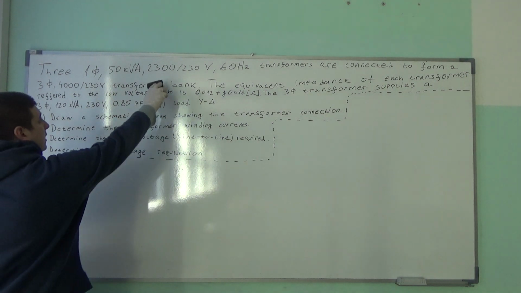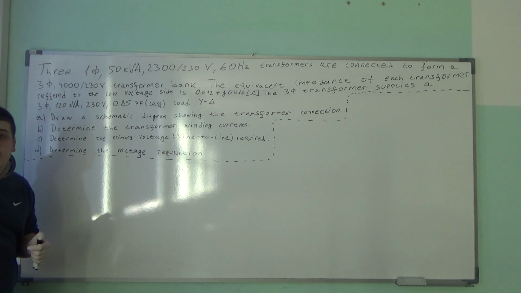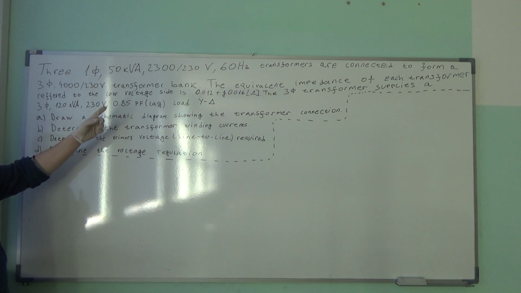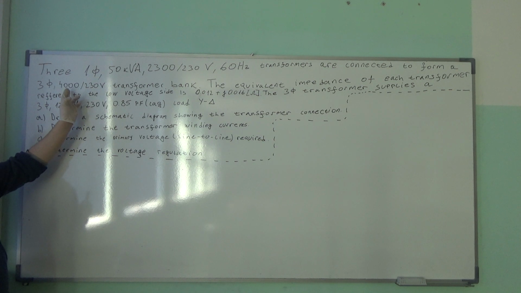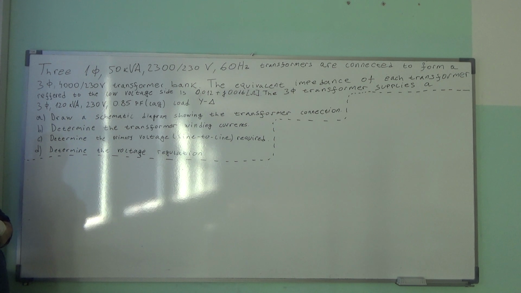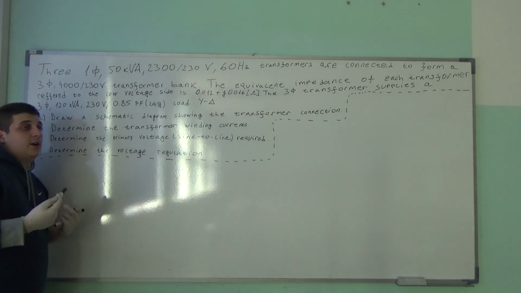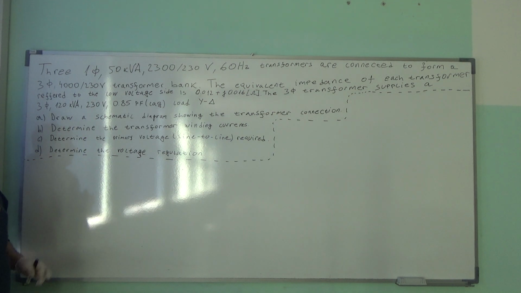On the primary side of these three-phase transformers, the rated voltage is 2300 volts, but this is the phase voltage, not the line voltage. This is a line voltage, and this is 230 volts on the output. So on the primary side, we will have a Y connection, like this.